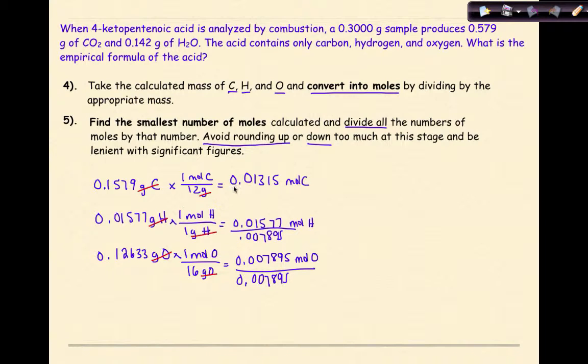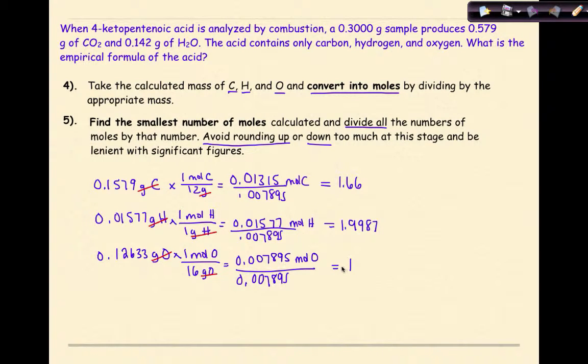Now when I divide all these out, I get 1.66 for carbon, 1.9987 for hydrogen, and of course 1 for oxygen.